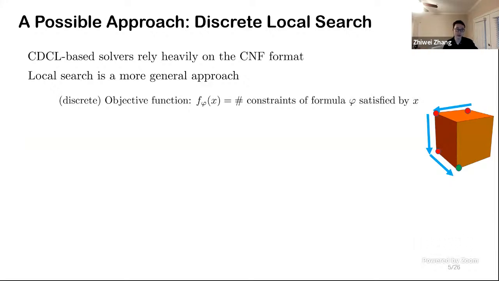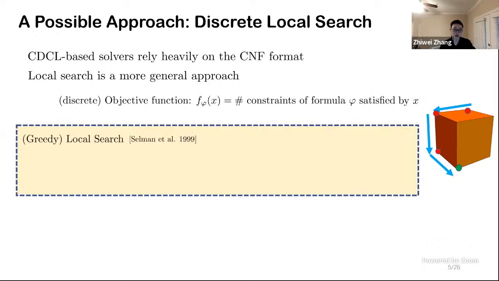So we are thinking about, can we use a more general approach, namely local search? In local search, usually the objective function is defined by the number of constraints of the formula satisfied by some assignment. There are many classical algorithms in this area.